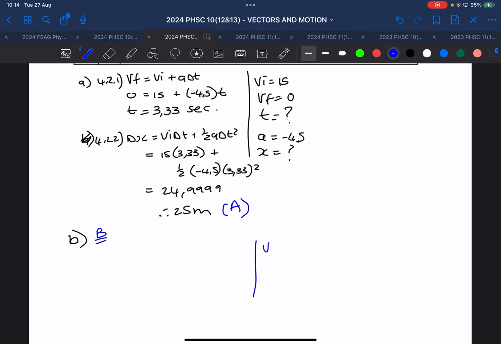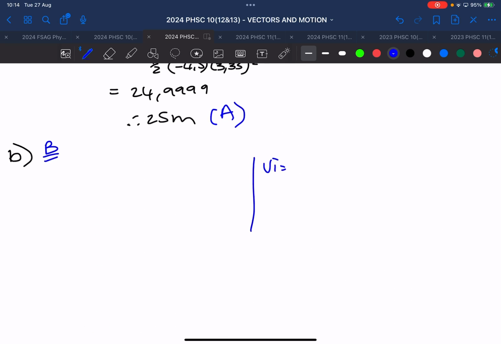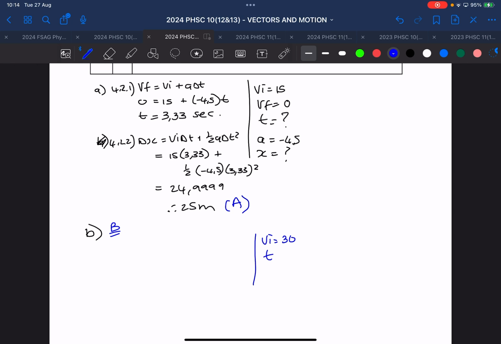I have the initial velocity, 30 meters per second. I don't have the time it takes to come to rest because it will not be the same as car A, as they're driving at different speeds. I want the distance. The final velocity is 0 and the deceleration is negative 4.5. So now you're going to use this equation, v squared equals u squared plus 2a delta x.